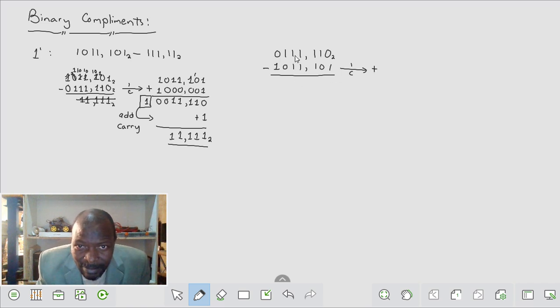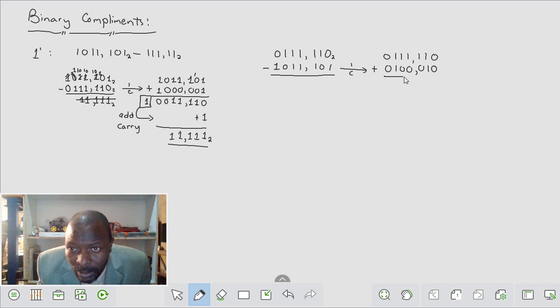A negative number exists in its complement form. So what we do here is that one stays as is: 0, 1, 1, 1, comma, 1, 1, 0. And then the other one is complemented. Every 0 changes to a 1, every 1 changes to a 0, so that's a 0, a 1, 2 zeros, comma, the comma is in position, and then that's a 0, 1, 0.